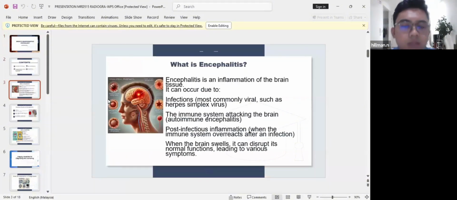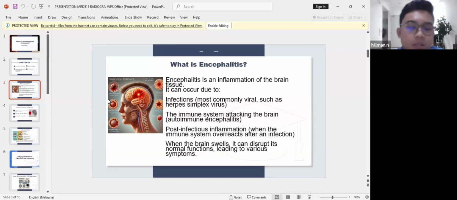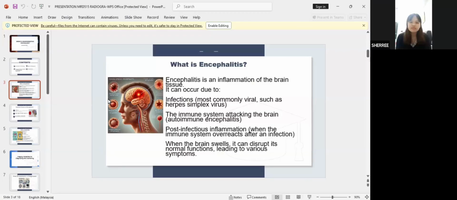So what is encephalitis? Encephalitis is inflammation of the brain tissue. It can occur due to a few reasons such as infections, most commonly viral, such as herpes simplex virus.